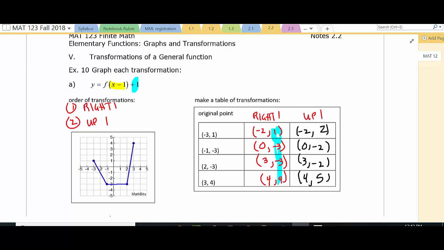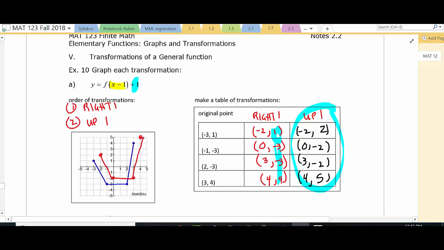Now what you want to do is just take these points and plot them, and then we've got what our graph looks like. So I'm going to plot -2, 2 as my first point. 0, -2 is my second point. 3, -2 is my third. And then 4, 5 is my fourth one. And just connect them into line segments like that.